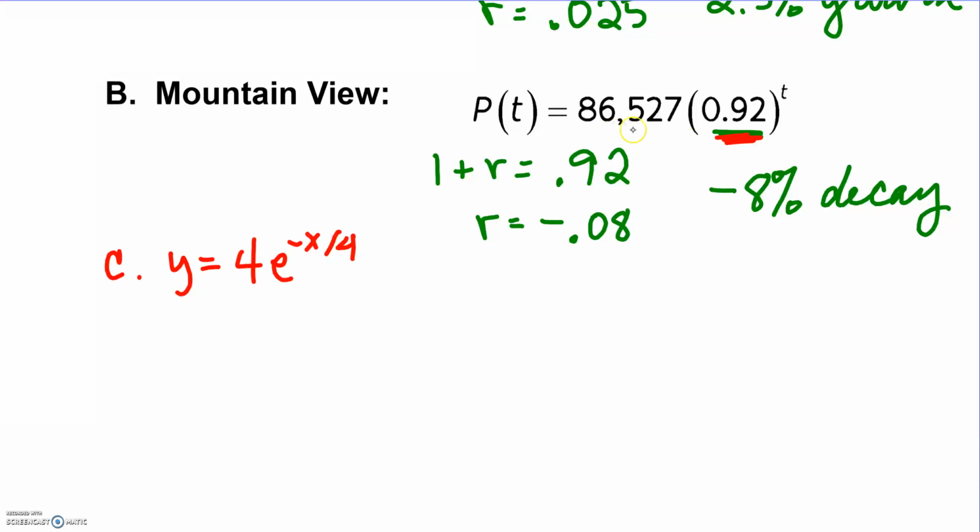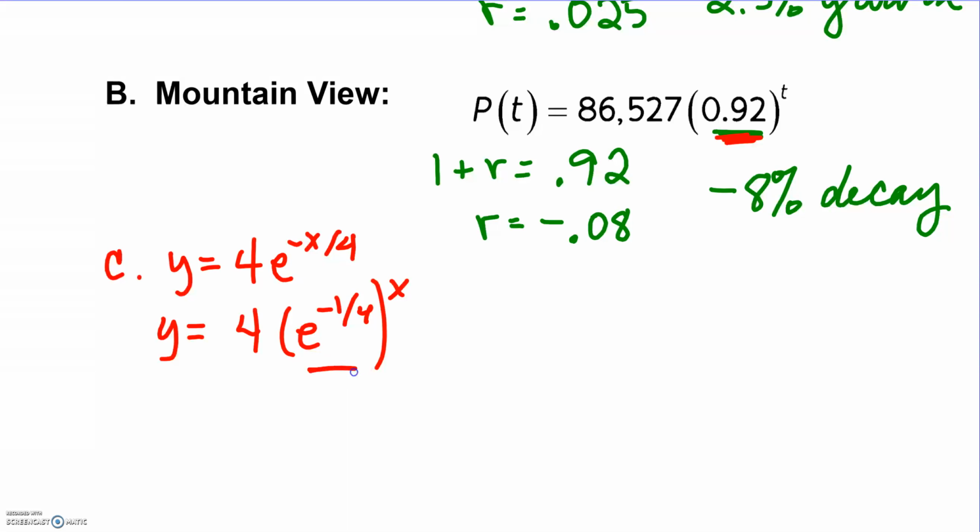So what I need to do is rewrite it in the form that this was in up here. So I'm going to write this as y equals 4 times e to the negative 1/4 to the x. See how I pulled that x out of that exponent there? And certainly when you raise a power to a power, you're just multiplying those exponents. So negative 1/4 times x is negative x over 4.